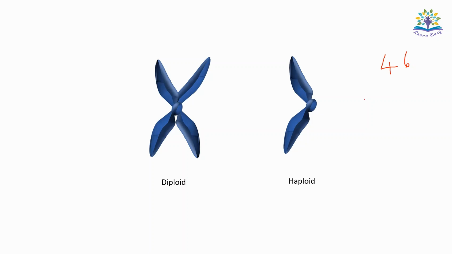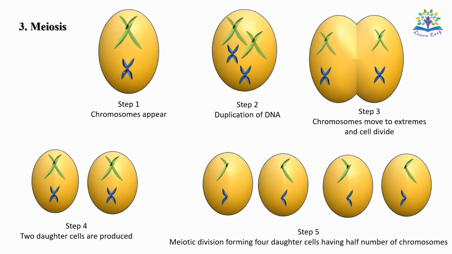Since the gametes have only half the number of chromosomes, we will be receiving 23 chromosomes from our father and 23 chromosomes from our mother, so that the zygote formed will have 46 chromosomes, which has to be present in a human body. If the number of chromosomes increases or decreases, it will lead to genetic disorders. So once a meiotic division is complete, 4 new daughter cells are produced, having only half the number of chromosomes as that of the parent.